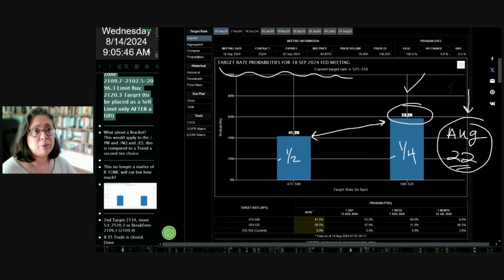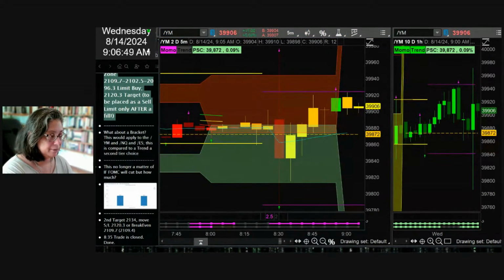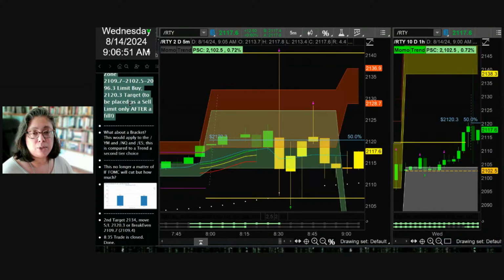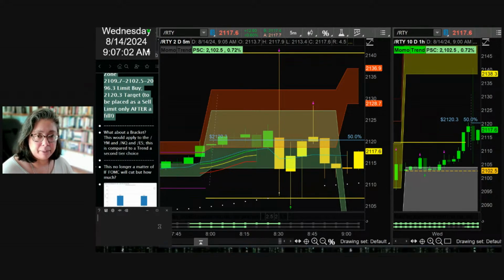Okay, so that's where we sit post CPI. Pretty darn nice trade, 2109.7 to 2134, and then either a break even or a 2120. So for those of you thinking, okay, Rod, can we crunch some numbers here? Sure.